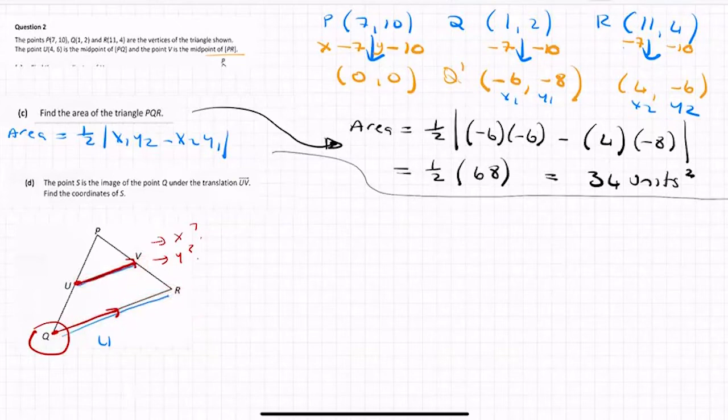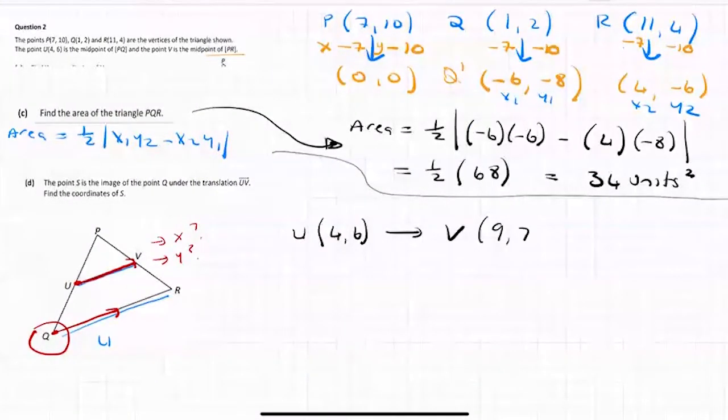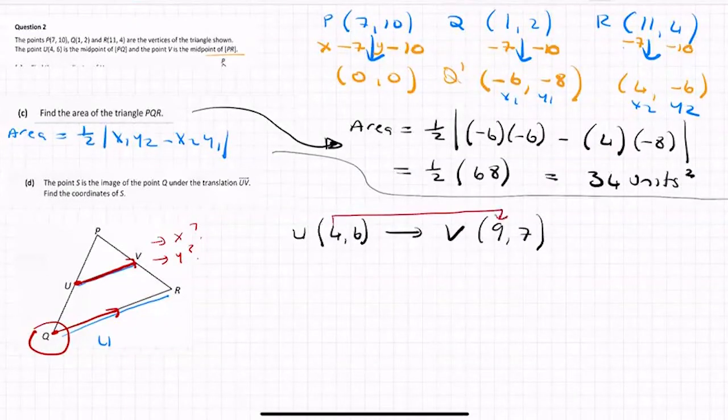So to be able to do that, I need to know, well, how far did I move when I went from U to V? Okay, so U was 4, 6. V was the midpoint of PR. What did we get for V? 9, 7. Okay, so let's have a look at how much we moved. So when I went from 4 to 9, I moved +5 in the X direction.